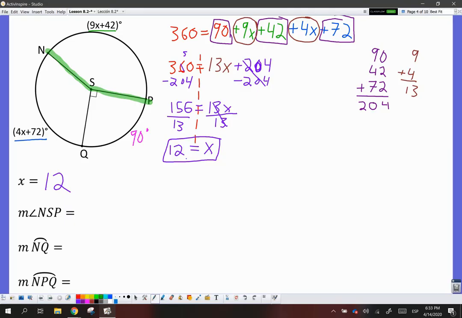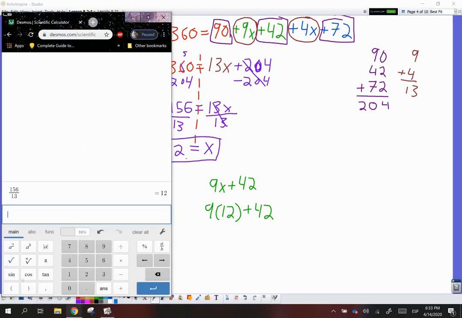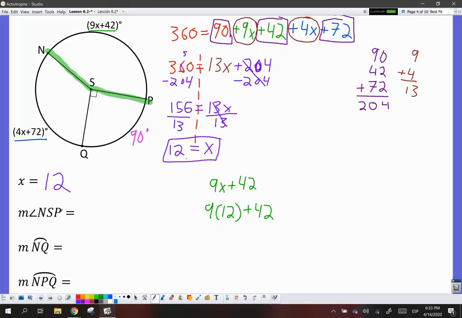And since I know that the arc is 9x plus 42, now that I know what x is, I can plug that in. So I substitute 12 for x, and let's calculate that in the calculator. So 9 times 12 plus 42 gives me 150. So the measure of angle NSP is 150 degrees.